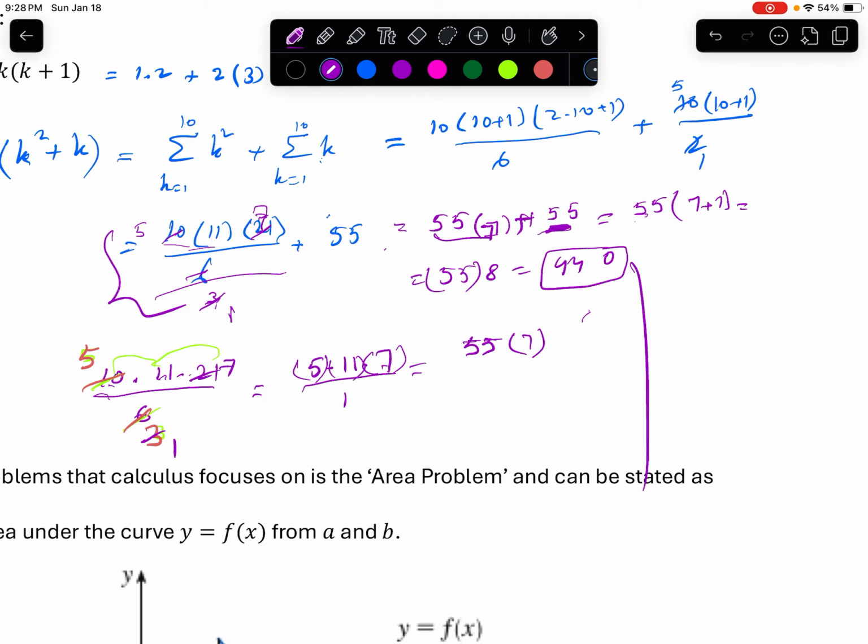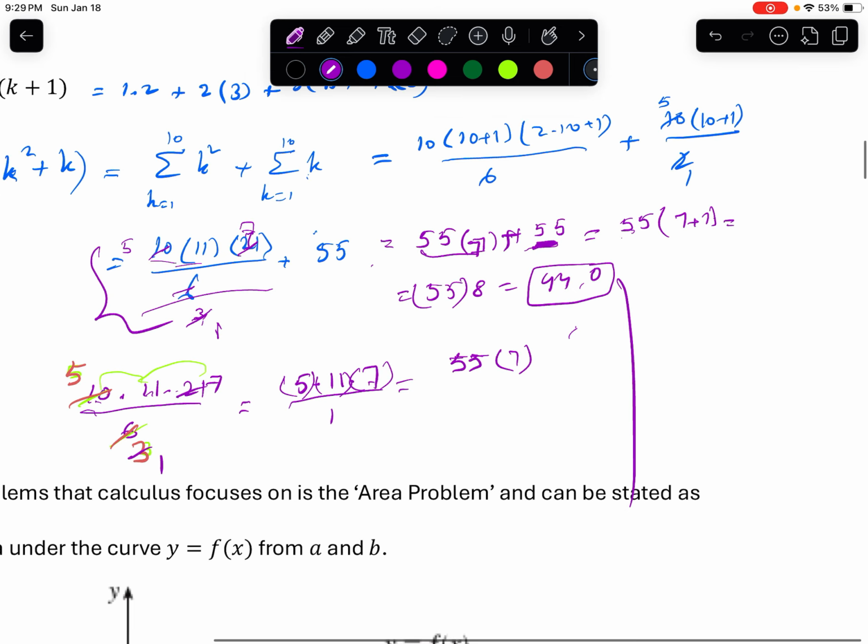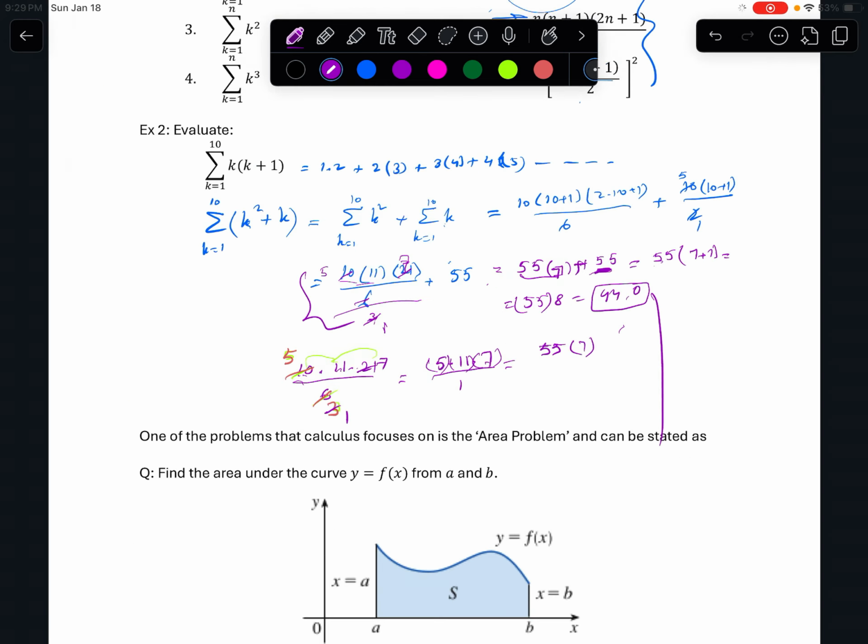So now I have 55 into 8, and it's easier to multiply. 8 5s are 40. So we put 0 and carry the 4, and then 8 times 5 is again 40 plus 4, 44. So 440. That is your answer. Isn't it neat? Nice, some different kind of math.